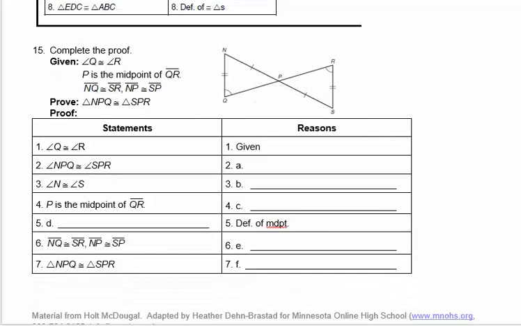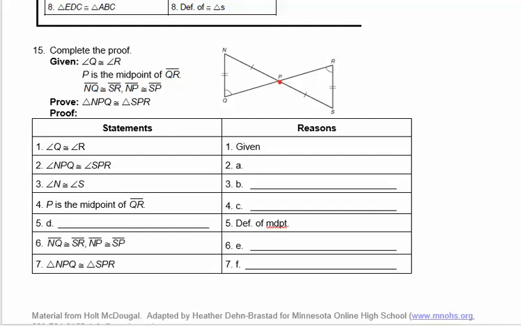So on 15, here's lots of given information. Let's see if we can mark anything in addition to what they already have. They have angle Q is congruent to angle R. They already have that marked, okay? They have that P is the midpoint of side QR. Well, that's not marked yet, but that means that if it's the midpoint, QP will be congruent to PR.